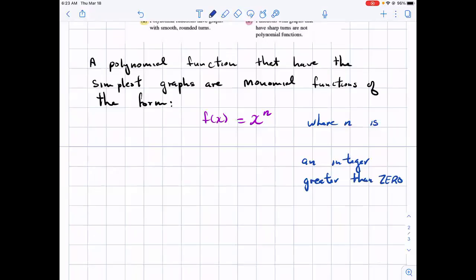Polynomial functions that have the simplest graph are monomial functions. And remember, a monomial function is a one-term polynomial. So x to some power n, where n is an integer greater than 0, will be the simplest polynomial function. Now we'll see that when n is even, the graph is similar to the graph of x squared.